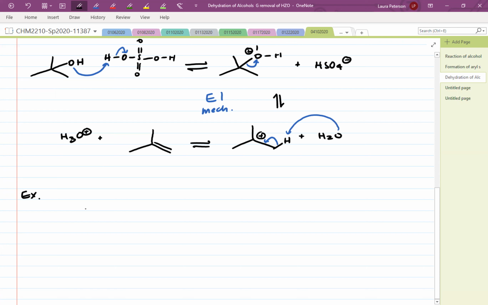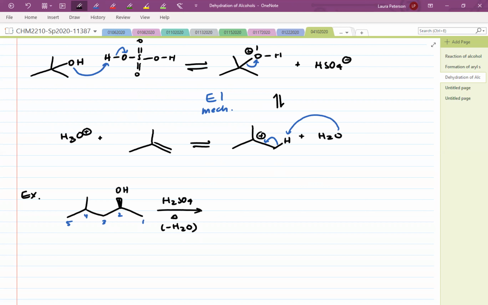Okay, so here's our first example. We're going to take this alcohol and we're going to treat it with H2SO4 and heat. We'll remove water from the system to push the equilibrium towards the alkene. Let me just count the carbons here so that we can talk about them and think about which direction we formed the alkene. If I'm going to eliminate, I can eliminate towards carbon 1 or towards carbon 3.